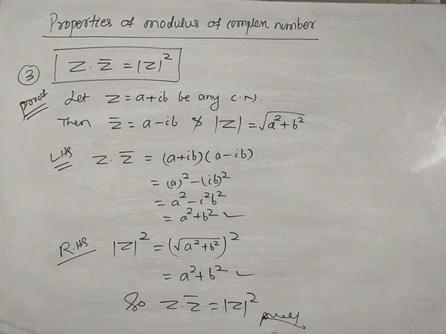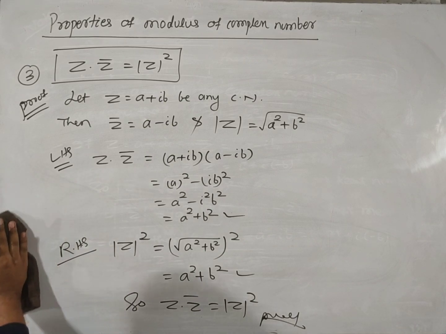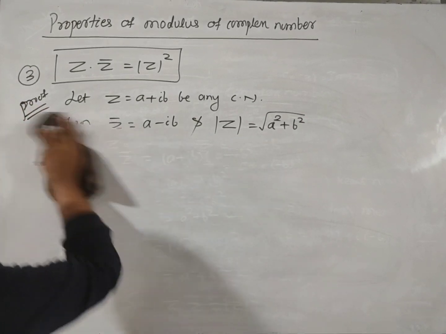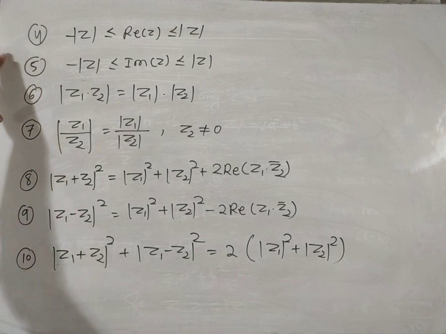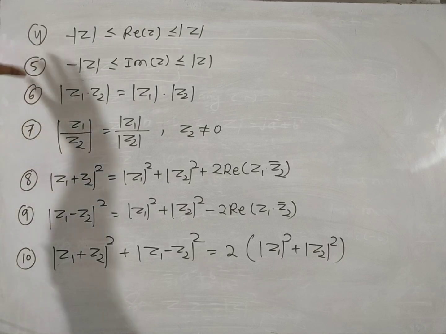Then let us discuss some of the more properties of modulus of complex number. So these are the rest of the 7 properties. We have discussed the first 3 properties of modulus of complex number, and these are the rest of the 7 properties, and you have to go for the proof of these 7 properties.